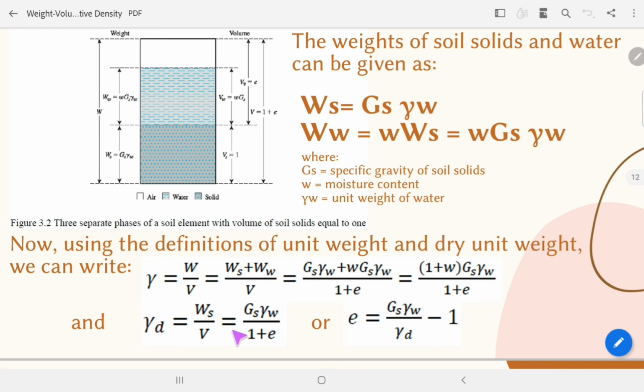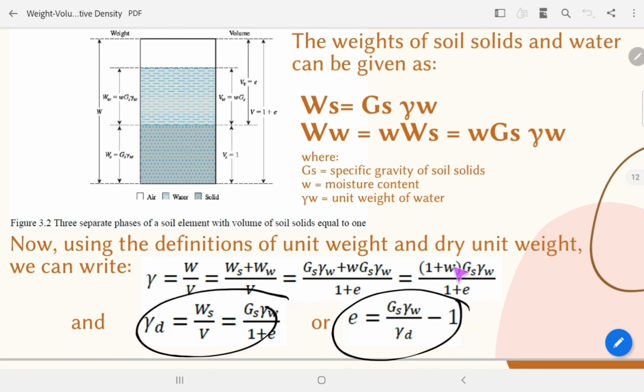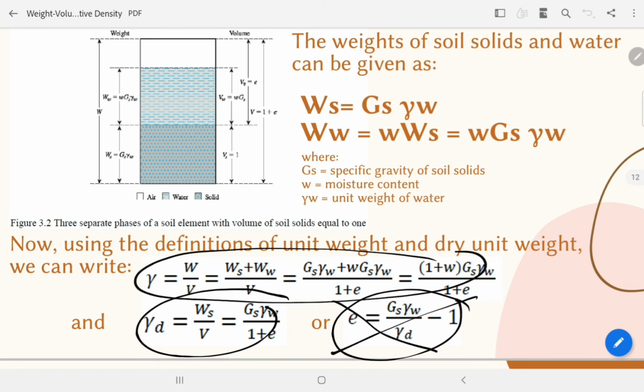Gamma dry is equal to GS gamma water all over 1 plus e. But guys, this is not that important. It is not that important. You can just ignore this one, but you need to know this concept. So again, I don't recommend na i-memorize nyo pa to. Kita naman siya dito, or madali naman siya ma-derive from this equation.